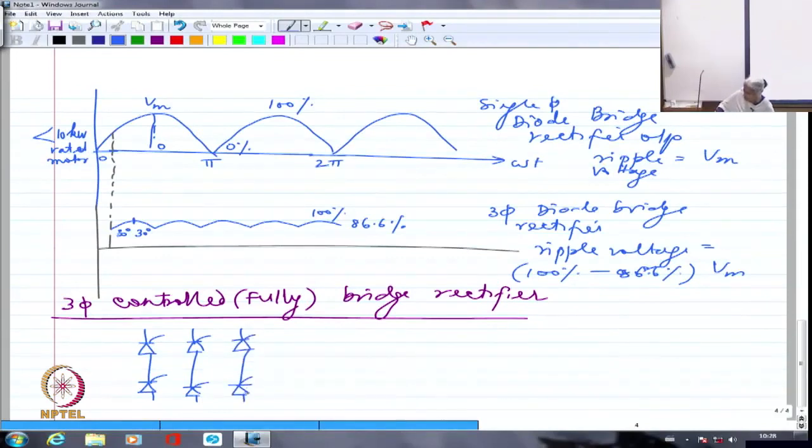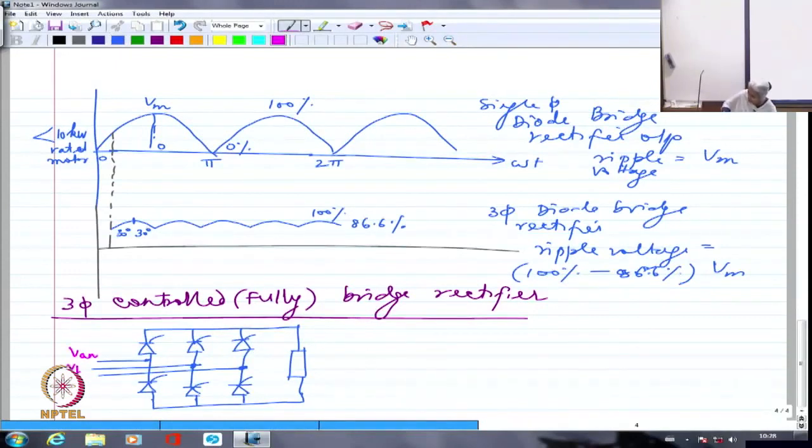So I'm going to have a circuit somewhat like this. This is A phase, this is B phase, and this is C phase. So this is VAN, VBN, VCN, and I'm going to call these T1, T3, T5 and T4.